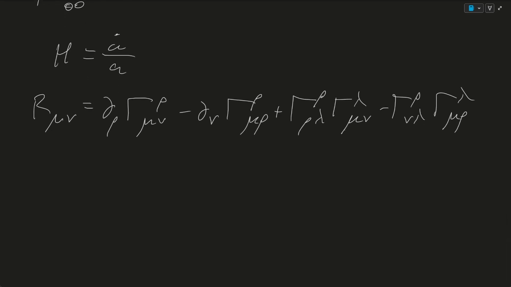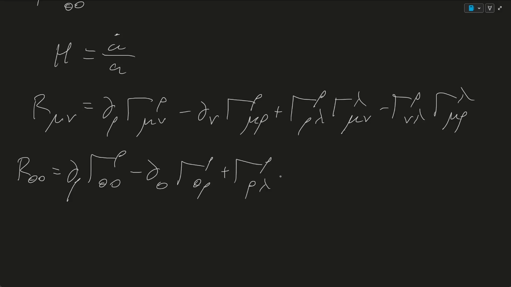We'll start off with 0, 0. So R 0 0 is equal to d rho gamma rho 0 0 minus d 0 gamma rho 0 rho plus gamma rho rho lambda gamma lambda 0 0 minus gamma rho 0 lambda gamma lambda 0 rho.